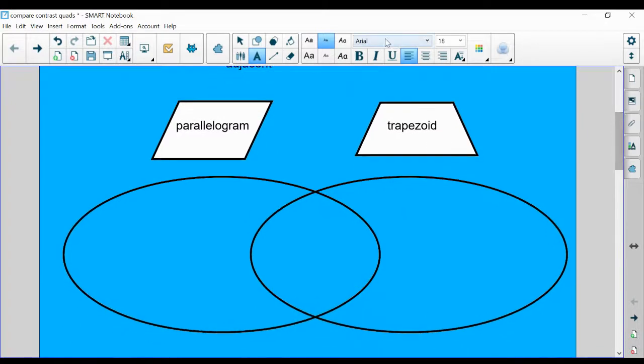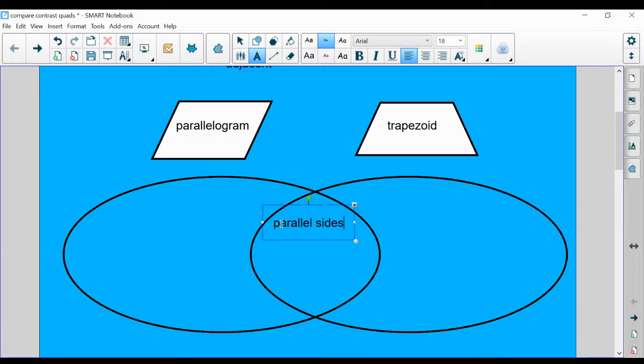So I'm going to indicate that on our Venn diagram here. This intersecting part is for attributes of both shapes. Over here is specific to the parallelogram, and this section is for what makes the trapezoid unique and different from the parallelogram. So both have parallel sides.